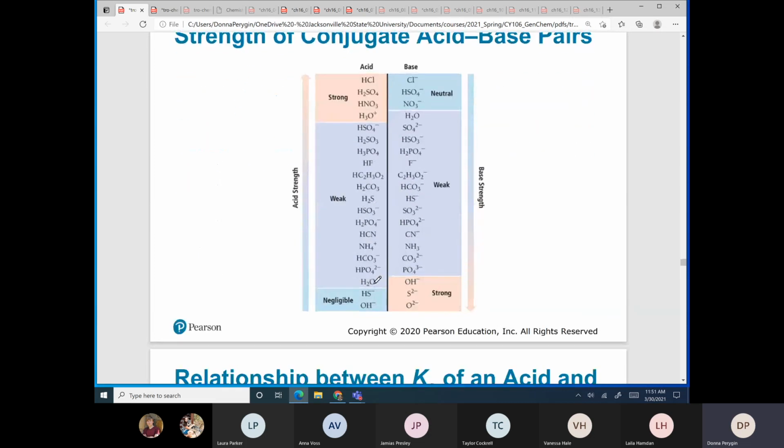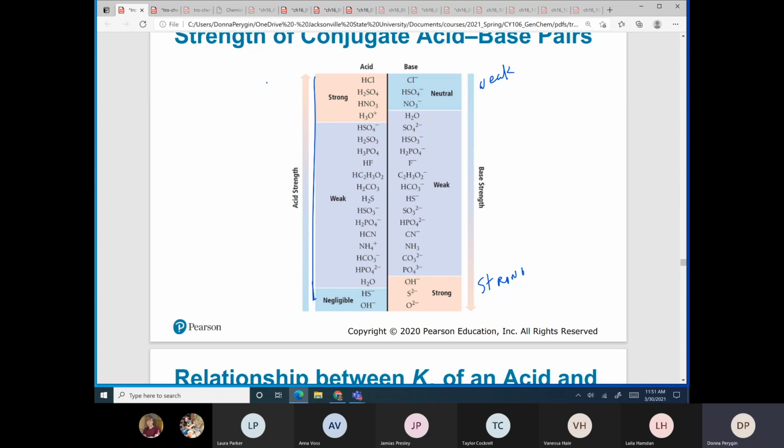So the strength of conjugate acid-base pairs: the stronger the acid, the weaker the conjugate base, okay? So this is weak, this is strong, this is strong, and this is weak, okay? So the stronger the acid, the weaker the conjugate base.